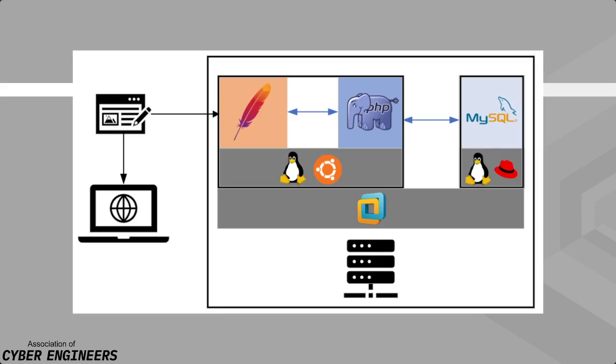If I want to scale this by, let's say, adding another web server that talks to this same database, I can totally do that. It's a lot easier to work with this. But I still have the issue of anytime I want to do anything with any one of these, I've got to boot up an entire operating system to do so.